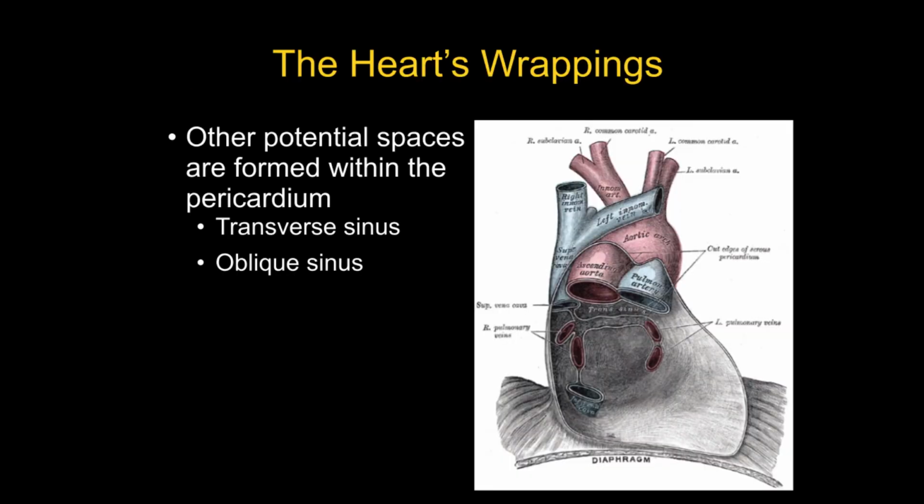Now, looking at the pericardial sac from the inside, in gross anatomy. Other than the pericardial space, anywhere where there is a separation between the heart and the surrounding connective tissue, you have the other so-called potential spaces. Here outlined for you are two, the transverse sinus and the oblique sinus.